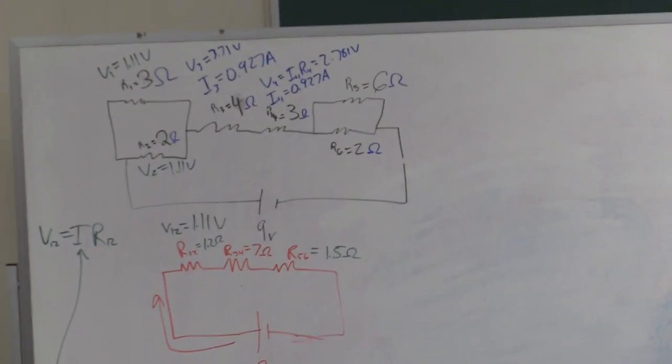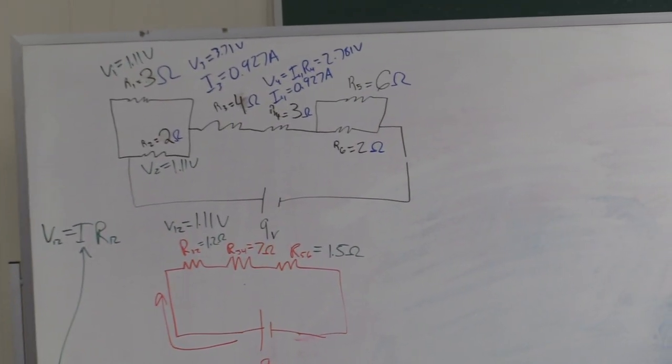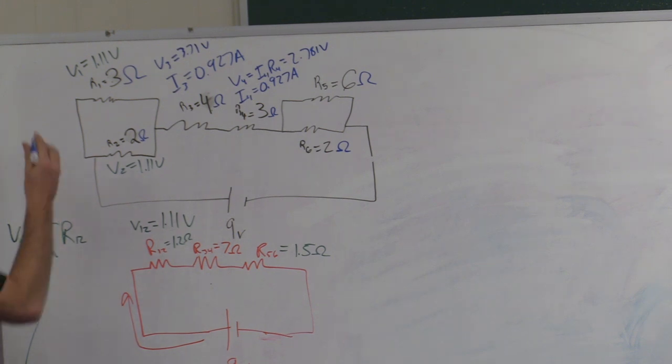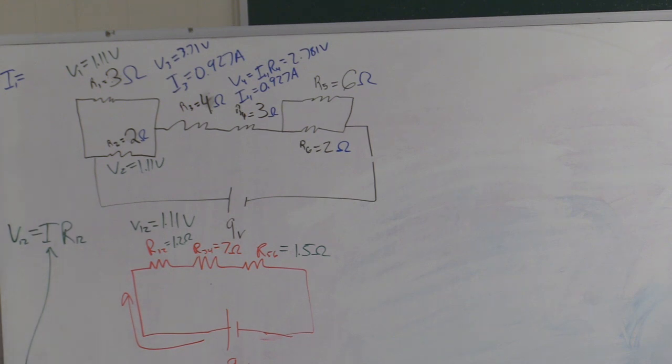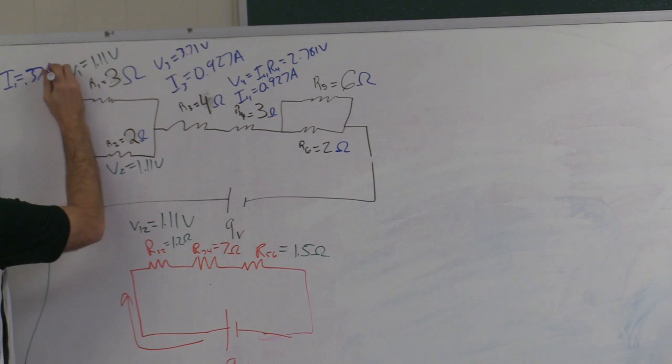Now I know the resistance, I know the voltages, I can find the currents. How do you find the current? V equals IR. I is V divided by R. I know V, I know R, so I can find the currents. I1 equals V1 over R1. 1.11 divided by 3, it's going to be in the vicinity of a third. 0.37 amps.